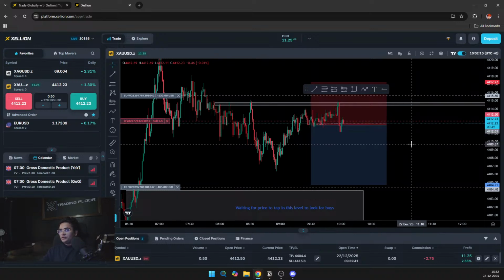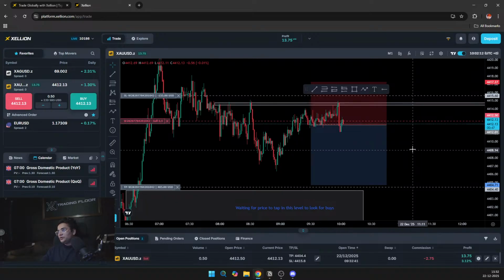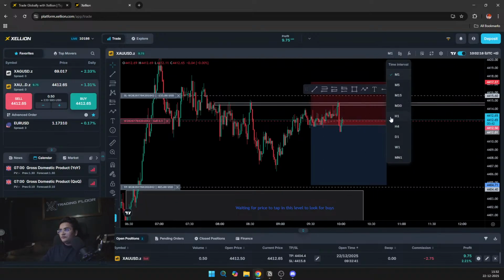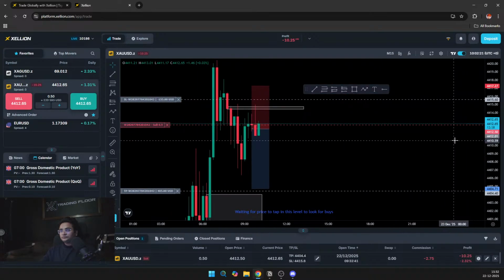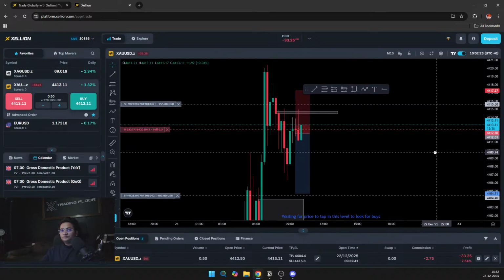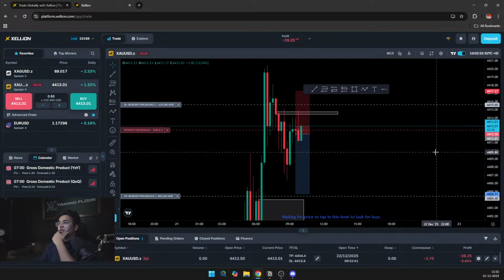Either we see a clear run down till this level, 8, 9, and we can close that because that will be enough for it. Price is still pushing at this level.